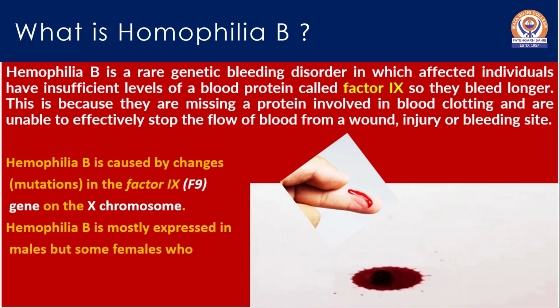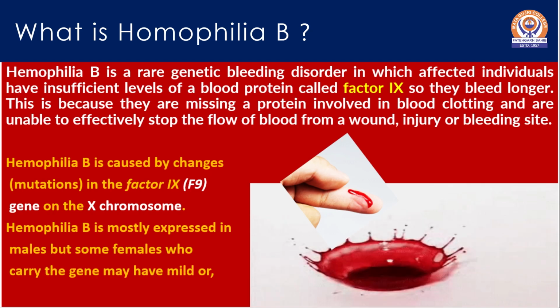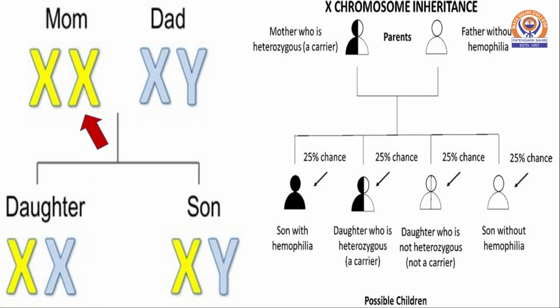Hemophilia B is mostly expressed in males since males have only one X chromosome while the females have two X chromosomes. If they have only one mutated X chromosome, males are sure to have the disease. But if both the X chromosomes in case of females are affected or mutated, only then they would be hemophilic, else they would just be a carrier.